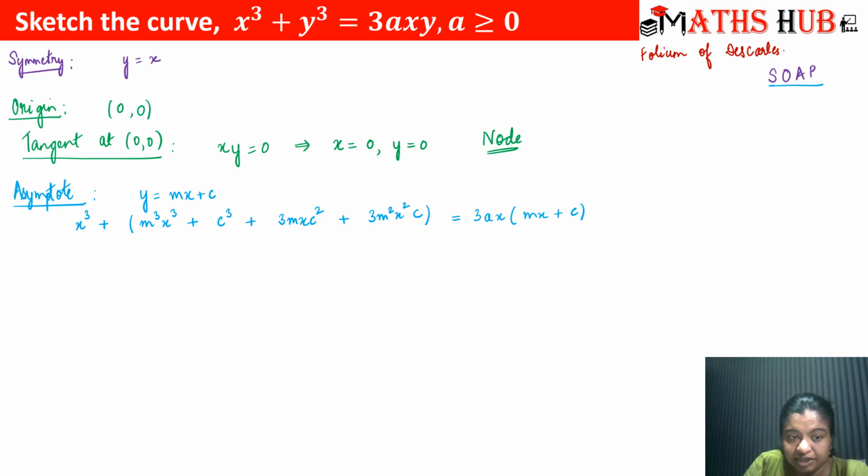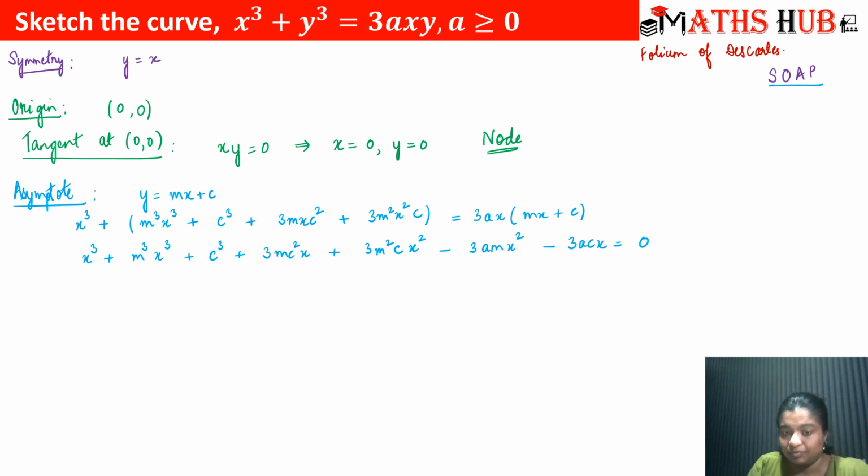So let us rearrange the terms. We will get x cube plus m cube x cube plus c cube plus 3mc square x plus 3m square c x square minus 3am x square minus 3acx is equal to 0.